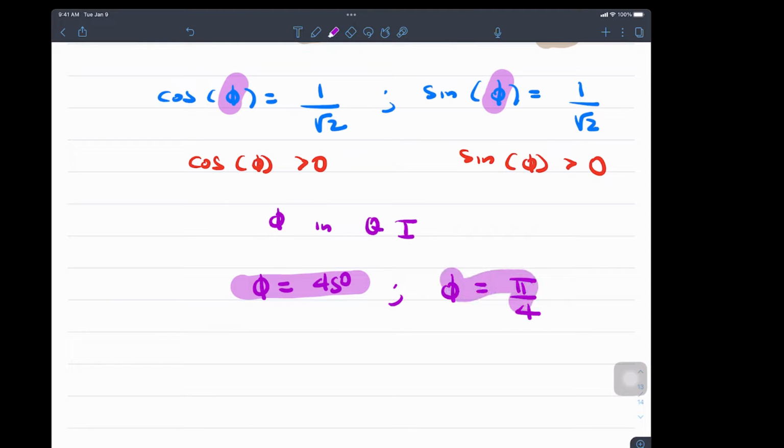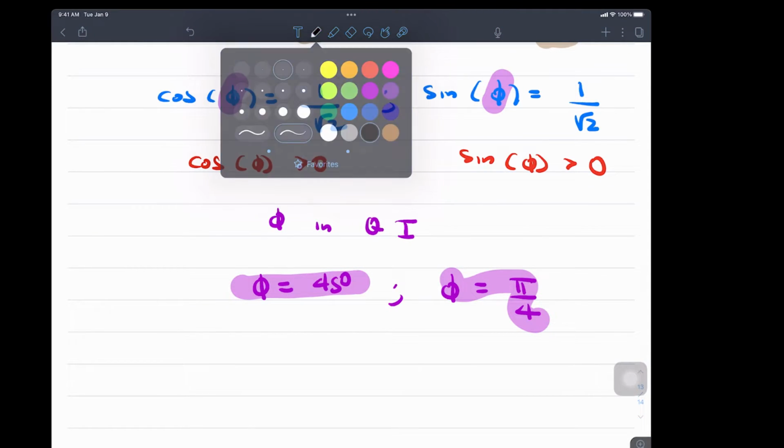So once you get k and phi, what do you say?